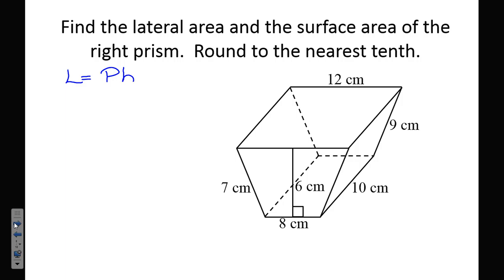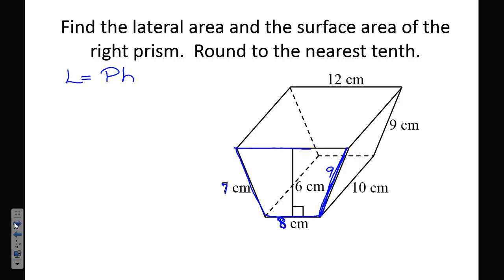Okay, so we've got to find the perimeter of our base. All right, this is a trapezoid for a base. I have 8 down here, 7 for this side. I have, how tall is this one? No, this is not 7, but 9. Do you see how it's the same as this one over here?